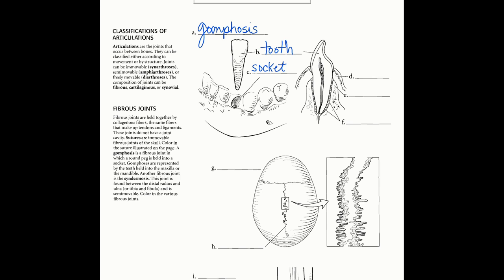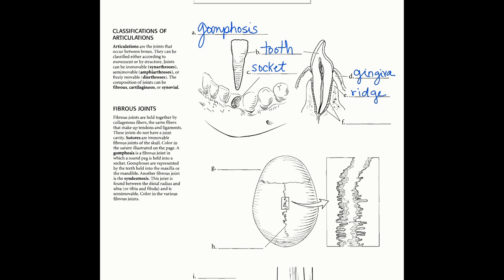Your teeth are surrounded by a tissue that we refer to as gingiva. You may have heard of gingivitis, which is inflammation of the gums. So gingiva is your gums. E is the alveolar ridge. In other words, it's the ridge that is surrounding that socket.